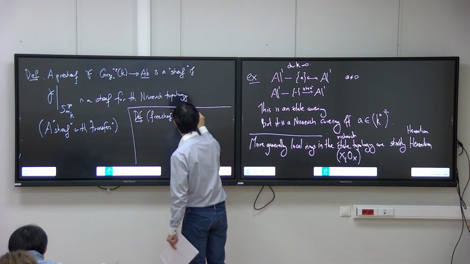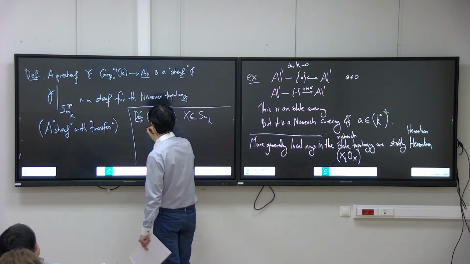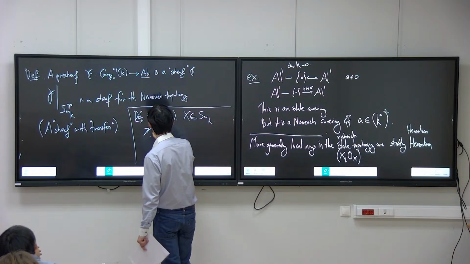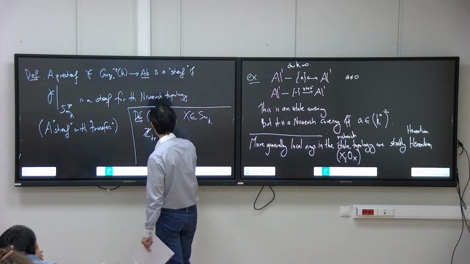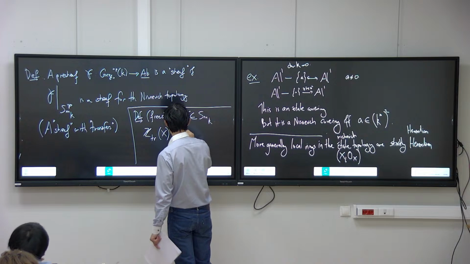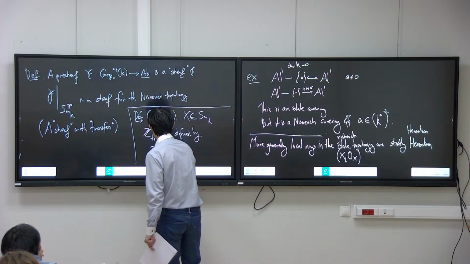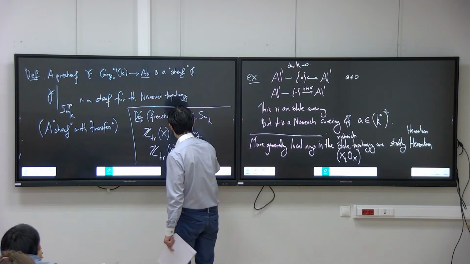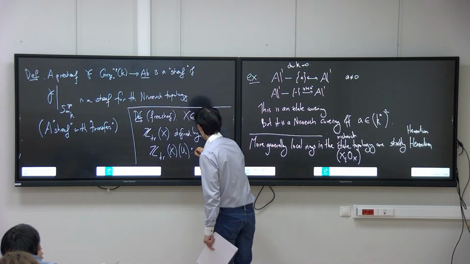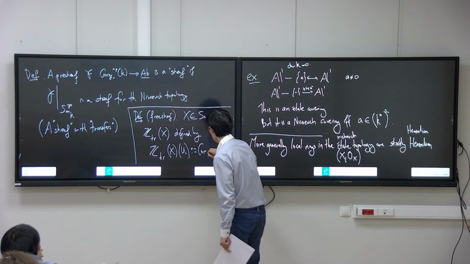For X a smooth separated scheme, we have a priori this free sheaf defined by just your homomorphism set, right? Group.